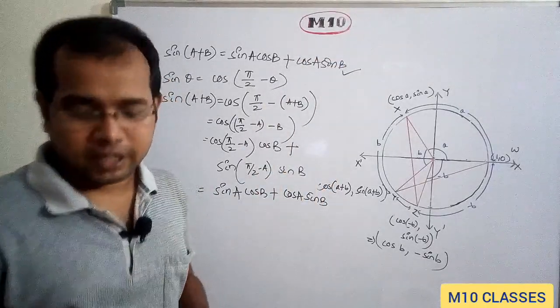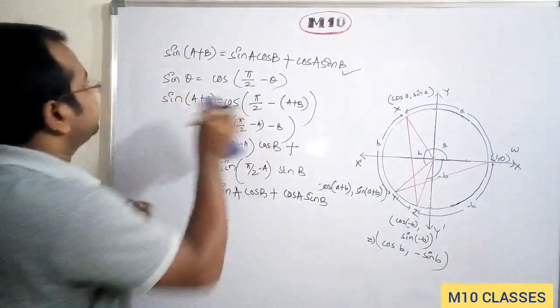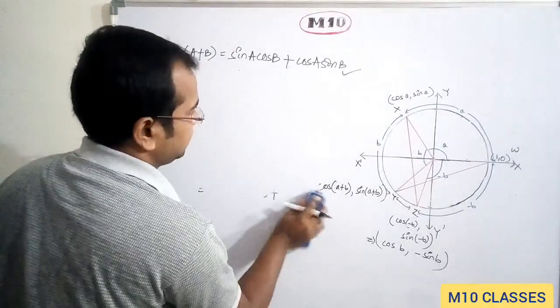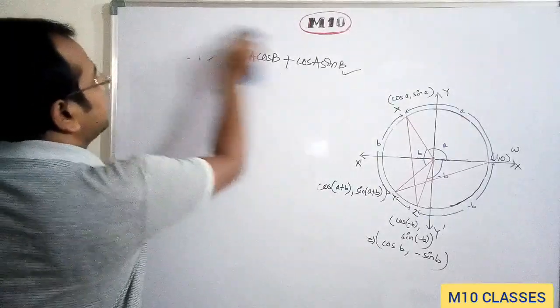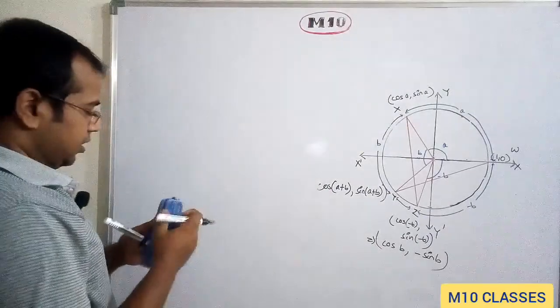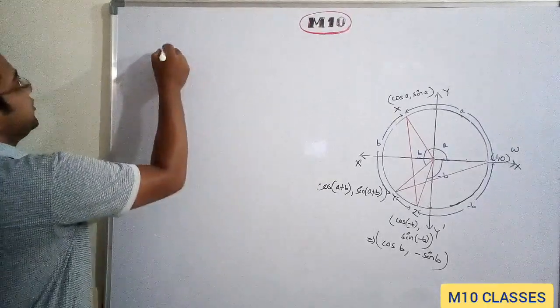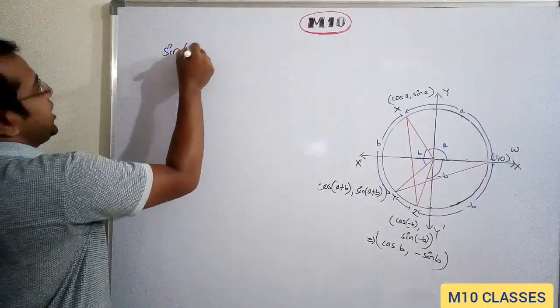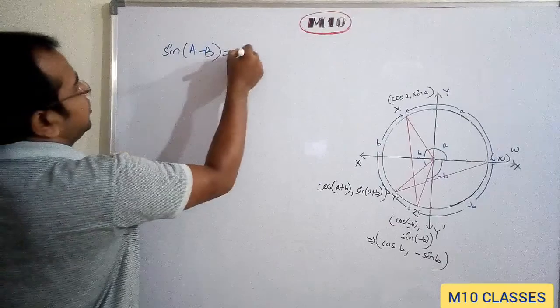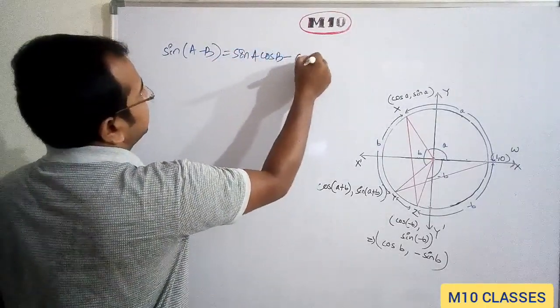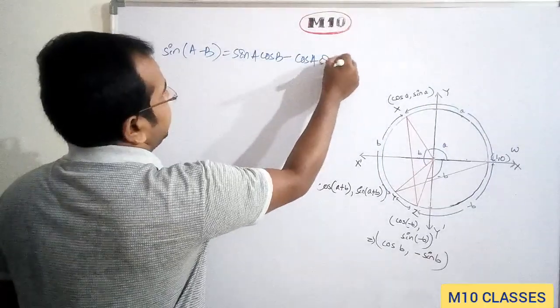Let us go for the last one. What is the last one? The last one is sin(A minus B), that is equal to sin A cos B minus cos A sin B.